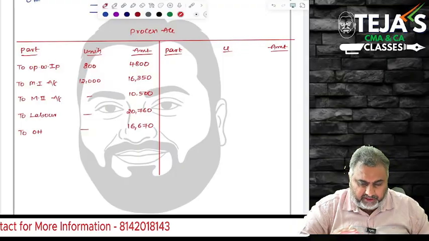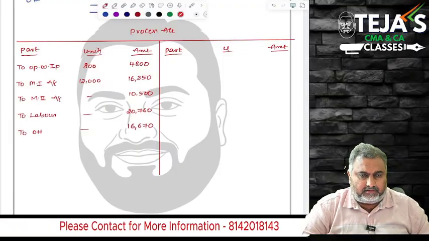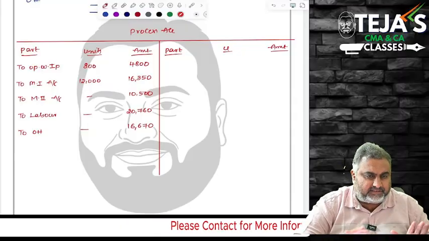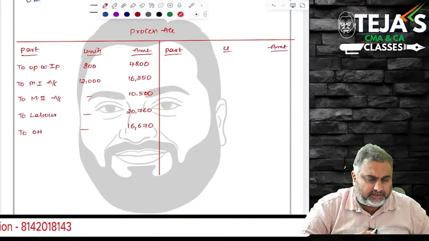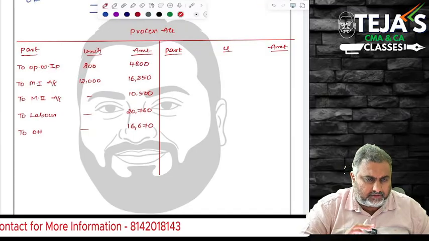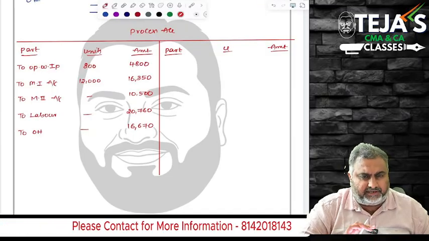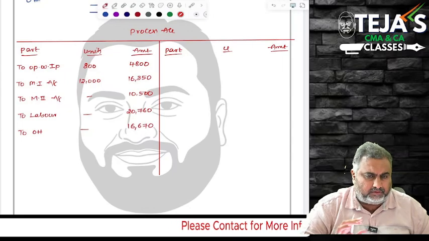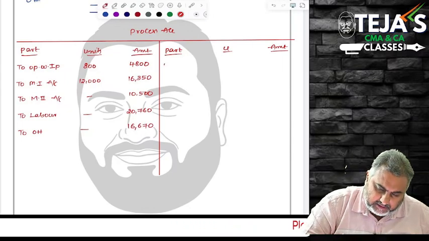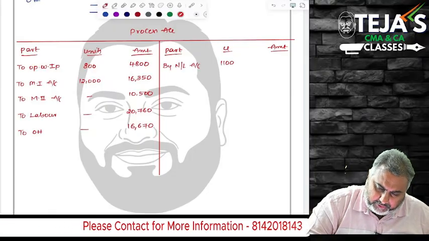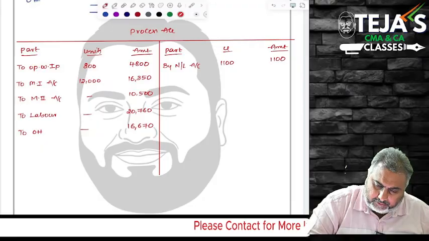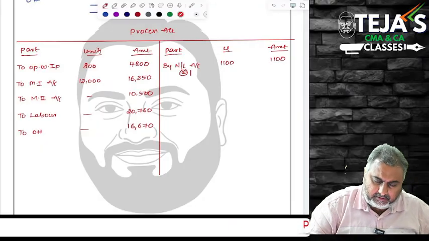We didn't compute anything; as it is in the question, copy paste here. Opening work in progress units and amount, introduced material 1 amount, and other information for material 2, labor, overheads. Now credit side, by normal loss account, 1,100 units, per unit 1 rupee, that's the rate, 1,100.